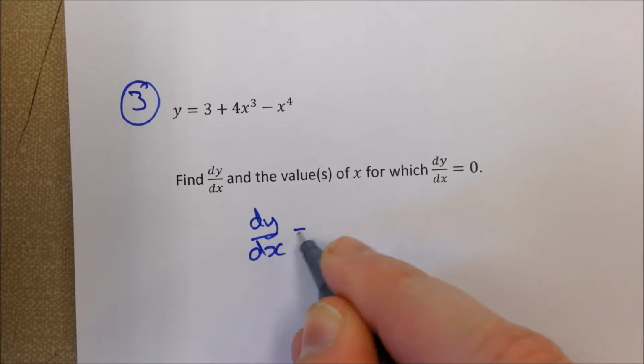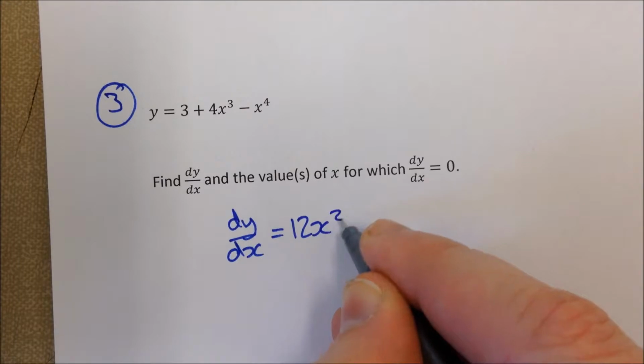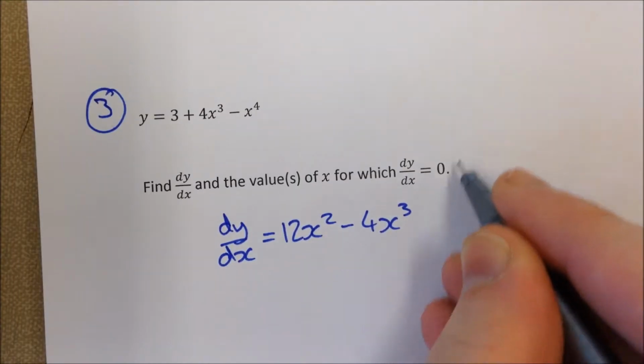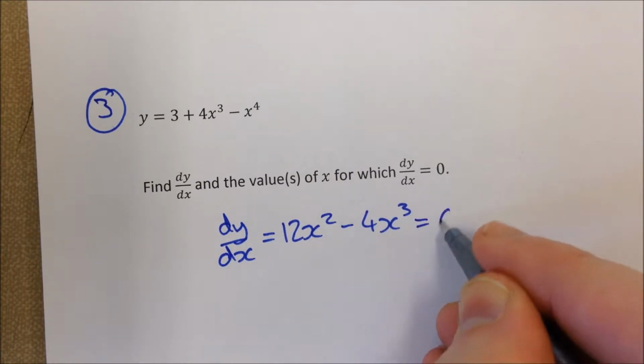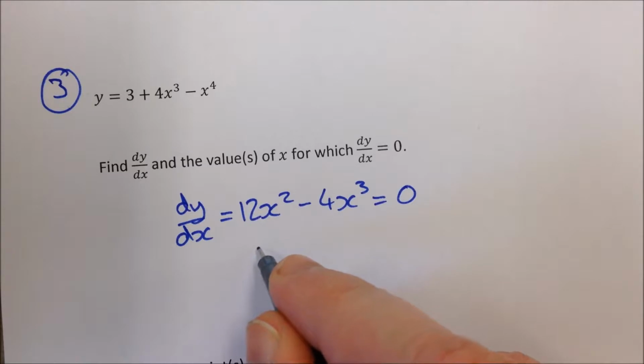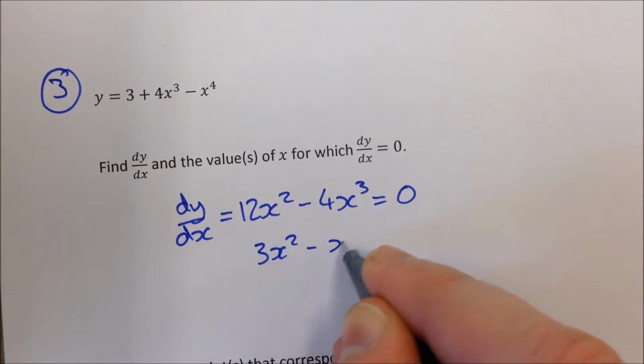Question 3, differentiate. Now we set that equal to 0. I'm going to divide by 4, so that is 3x squared, take away x cubed.